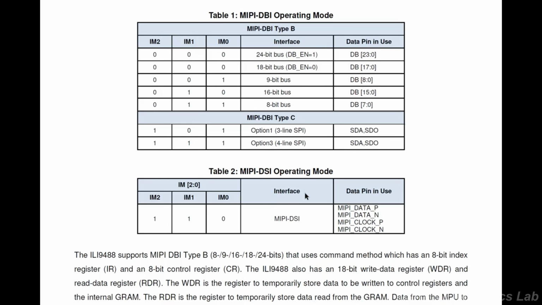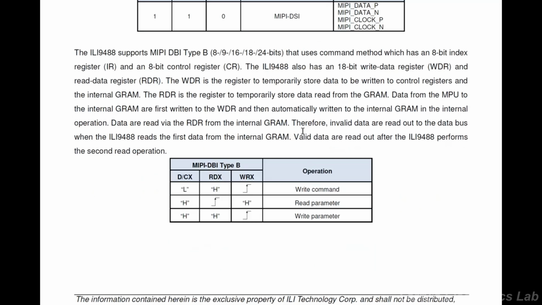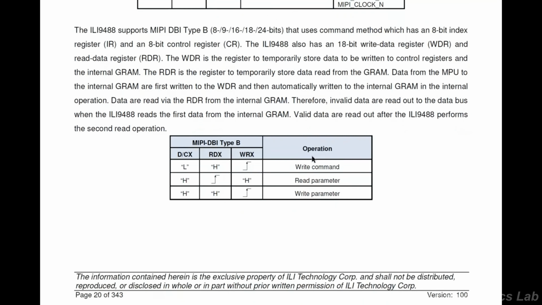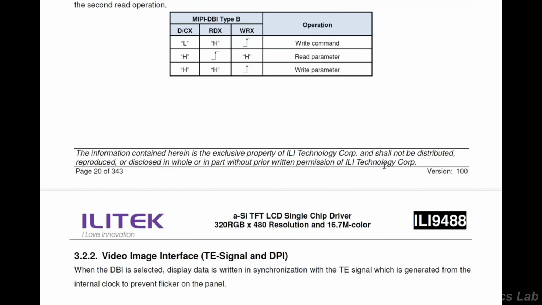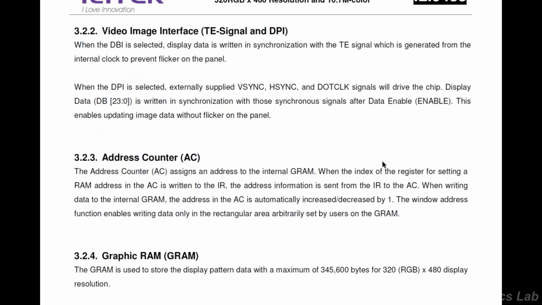But our part number for the display can only do 18-bit maximum. And they have different termination, different naming for different things than the data sheet for the display. But this is what we're going to have to write our code to.